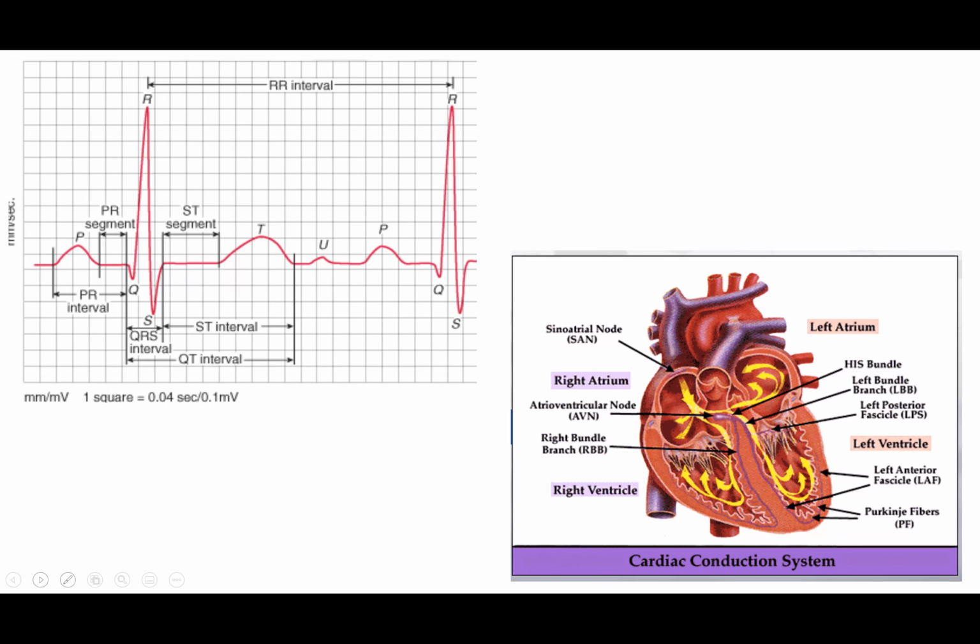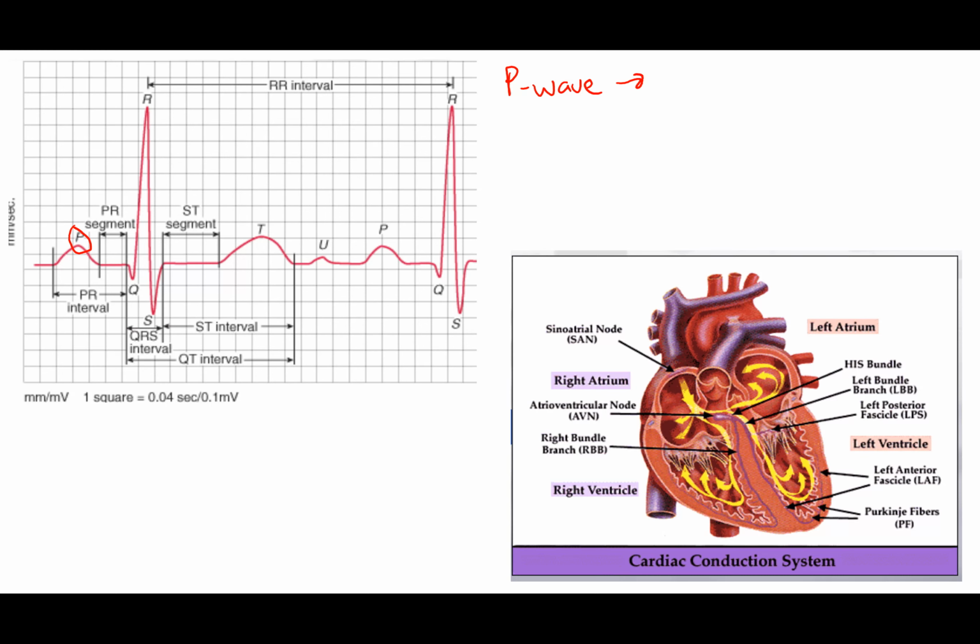So when we start reading an ECG, the first movement of the needle that you will see, the first bump that you will see, is called a P wave. If you're thinking about the electricity in the heart, we know that the first thing that happens is the SA node sends out that electrical signal, and that electrical signal goes to both of the atria, and then the atria contract, right?